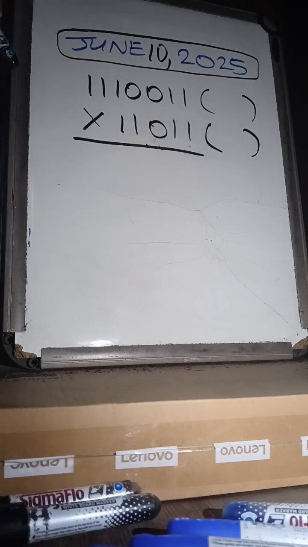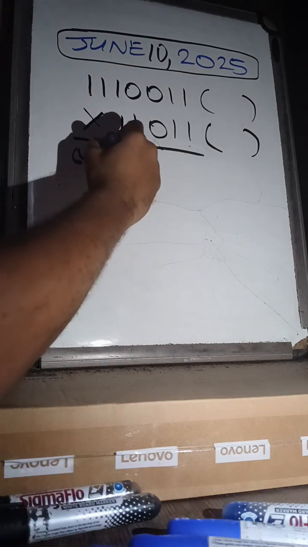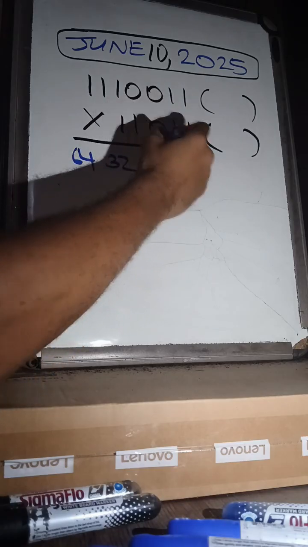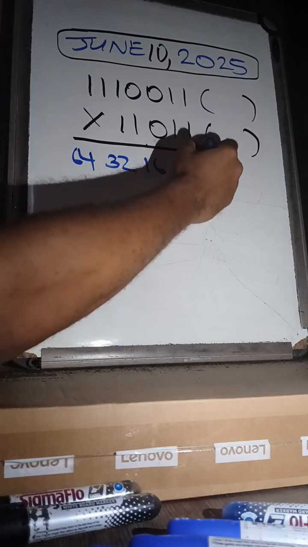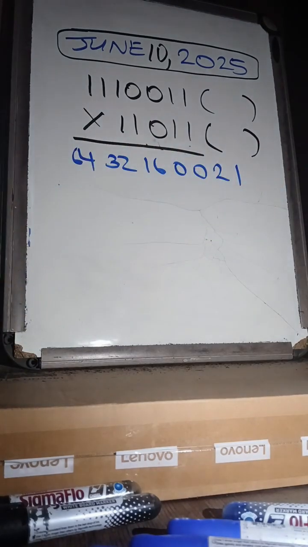Right? So, okay. We have a 64. We have a 32. We have a 16. We do not have 8. We don't have 4. But we do have 2 and 1. Right?